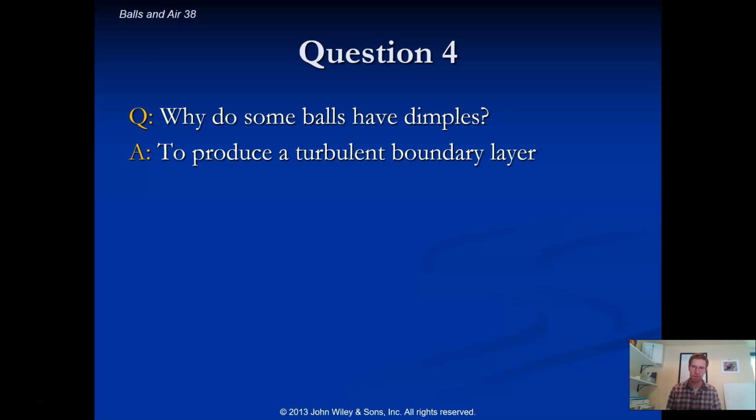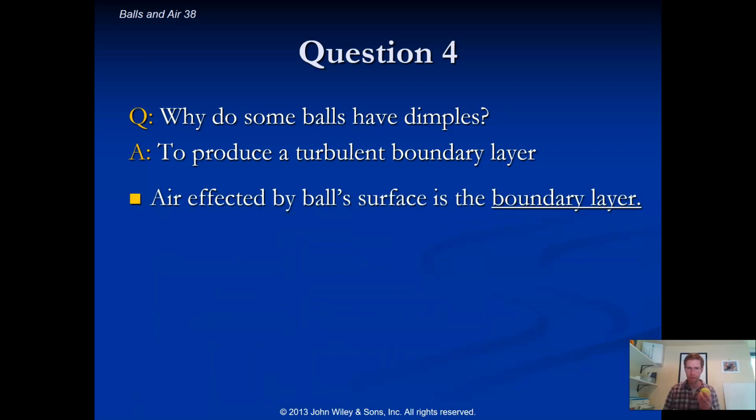Now this is a little confusing, so we'll unpack it together, but a boundary layer is the air very near the surface, the air right along the very edge of your ball. If you have smooth flow going right over the edge, then that's what we call a laminar boundary layer. So it's really smooth, and it's like friction rubbing along the surface.